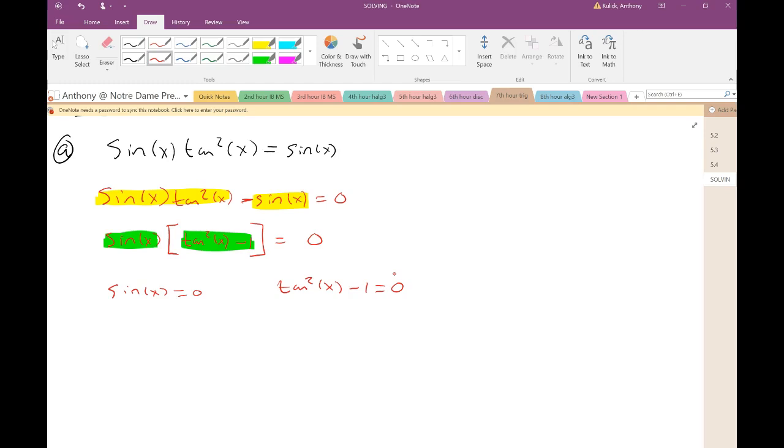Okay. So to solve sine x equals 0, what do we need to do? Sine inverse to both sides. And hopefully you recognize sine inverse of 0. Where can I find that value? On the unit circle.